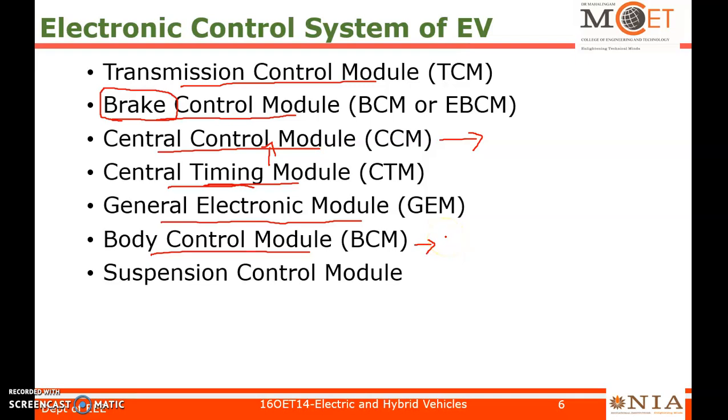Then automatically the driver has the capability to control the body of the electric vehicle, which is the body control module. Next is the suspension control module. For sudden stoppage of the electric vehicle, this suspension control module is used immediately.